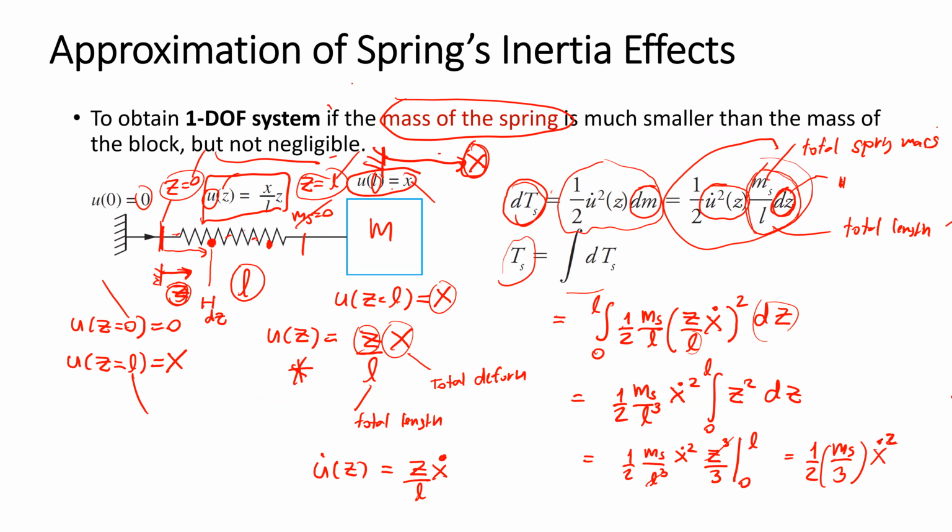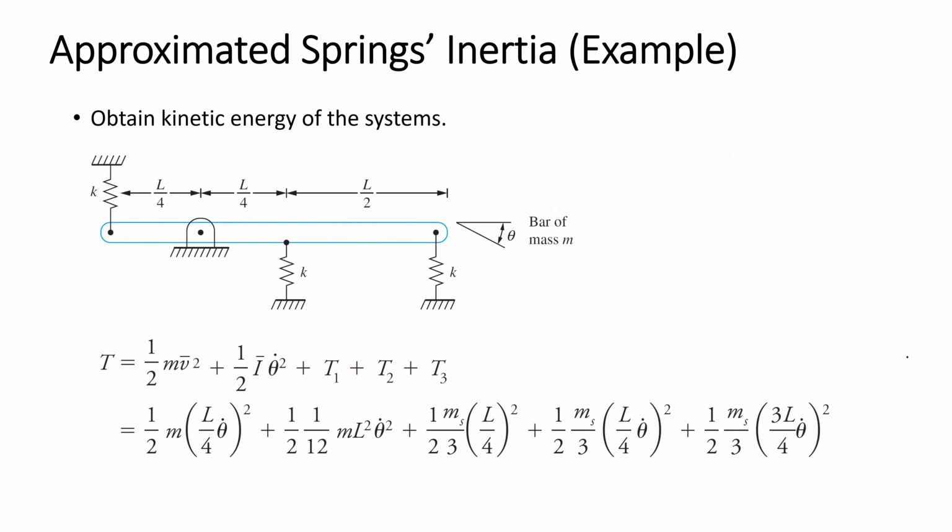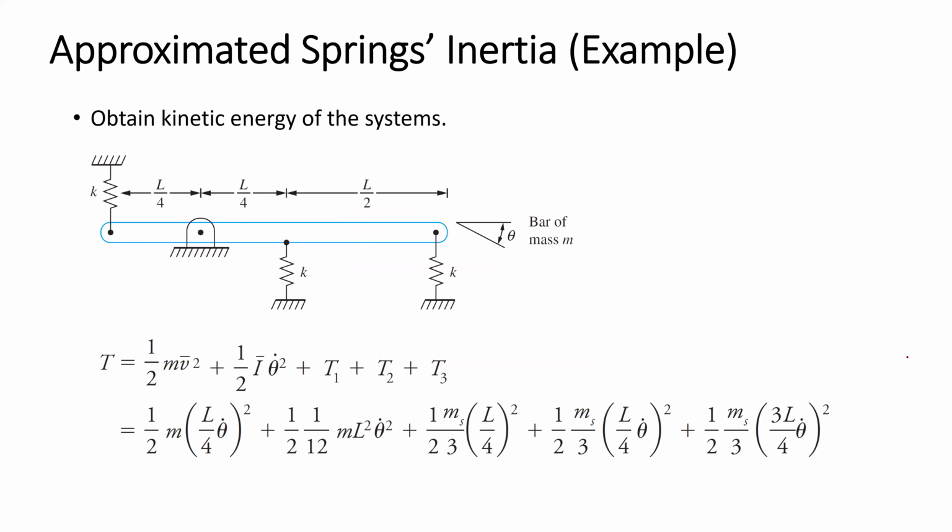The equivalent mass of the spring, when we cannot neglect the mass, is equal to the mass of the spring divided by 3. And we're going to use it here in the last example.